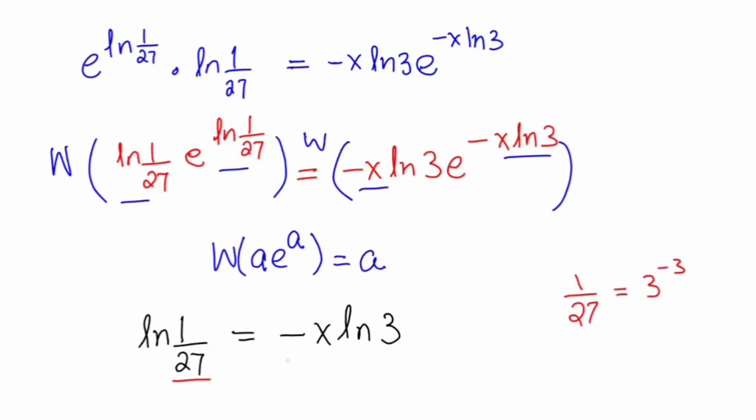So this will turn to ln of 3 to the power of negative 3 is equal to negative x ln of 3. We're going to use the logarithm property: ln of a to the power of b is equal to b ln of a.